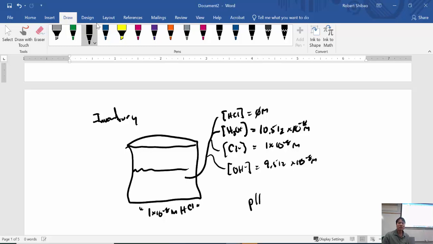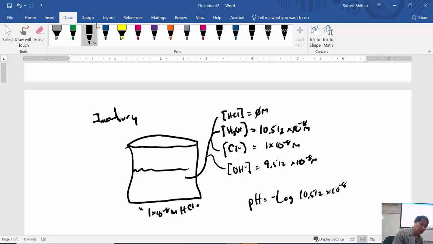The pH of this is going to equal the negative log of the hydronium ion concentration, which is 10.512 times 10 to the minus 8. So I'm going to punch that in. 10.512 times 10 to the negative 8.